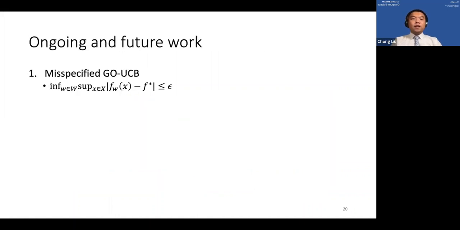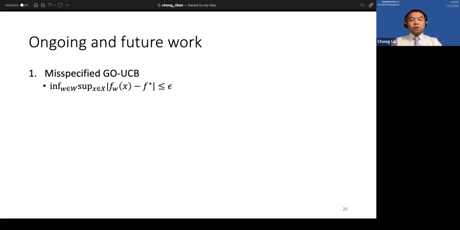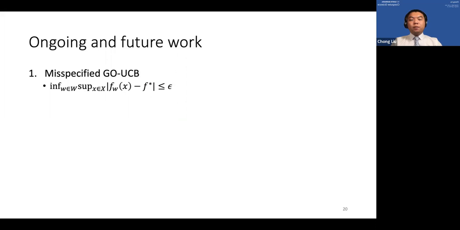Okay, finally, I'd like to talk about the ongoing and future work. The first problem that I'm very interested in is called the misspecified GoUCB. It is defined as follows. Remember, I talked about a realizable assumption before, which means that the true function is within the function set.